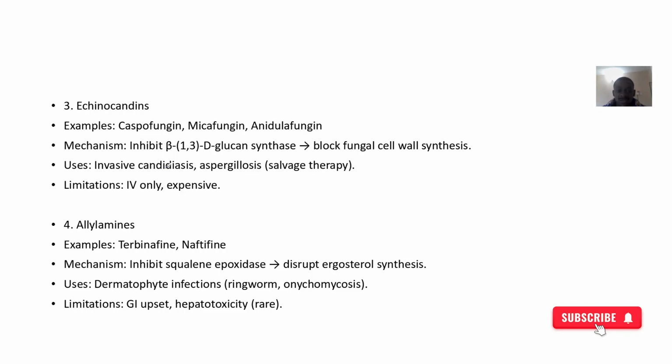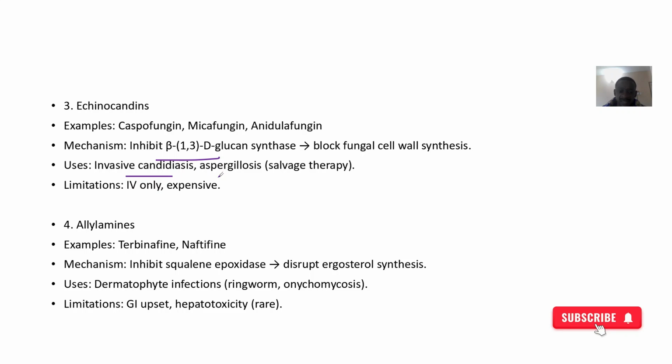They work by inhibiting beta-1,3-D-glucan synthase. That's an enzyme, right? Now that enzyme is very important in the formation of a good fungal cell wall. So if you block the enzyme, of course, the fungus doesn't have a good cell wall, so it's easily attacked. So it's used in treating invasive candidiasis and aspergillosis.